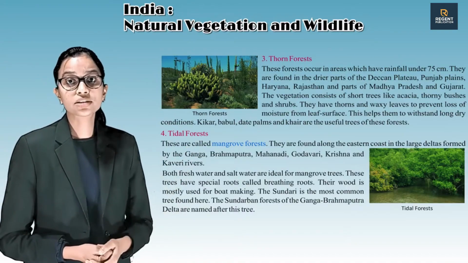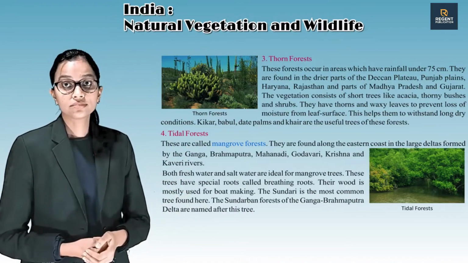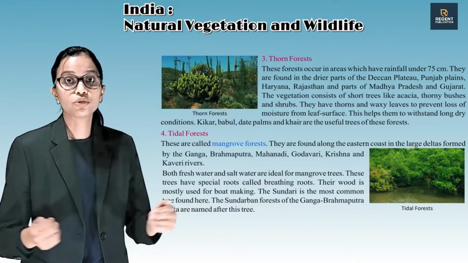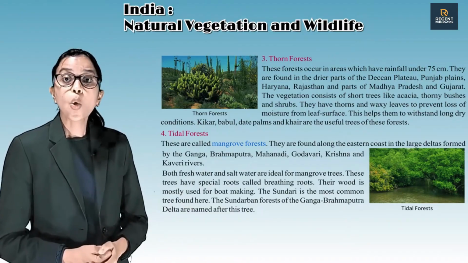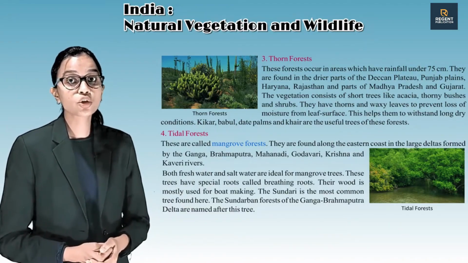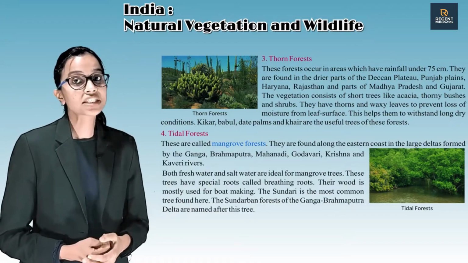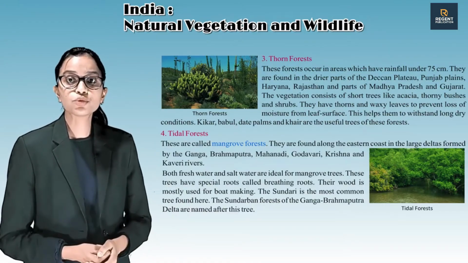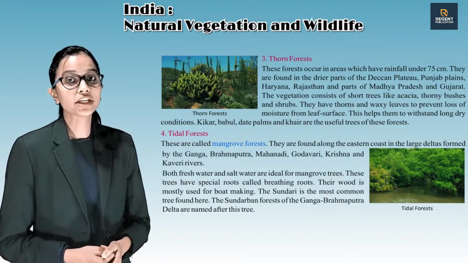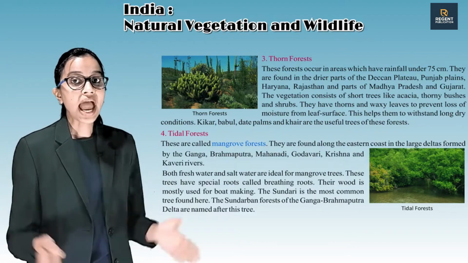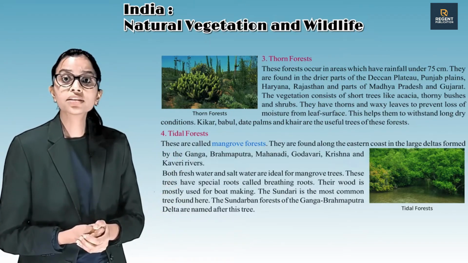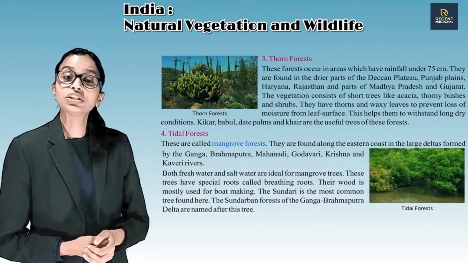The vegetation consists of short trees like acacia, thorny bushes and shrubs. They have thorns and waxy leaves to prevent loss of moisture from the leaf surface. This helps them to withstand long dry conditions. Kikar, babul, date palm and kher are the useful trees of these forests.